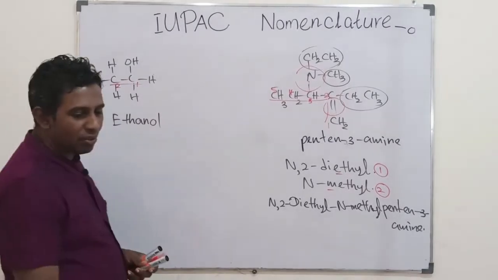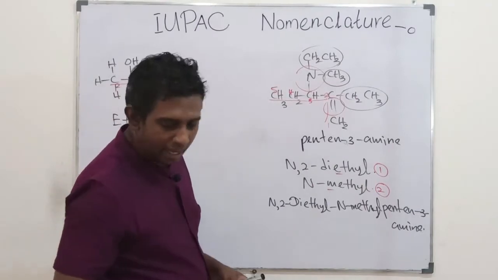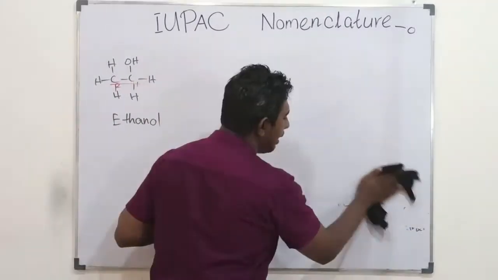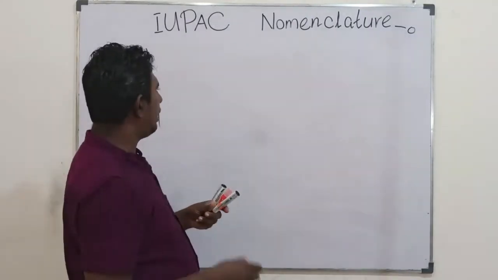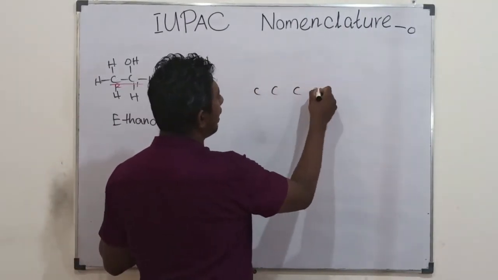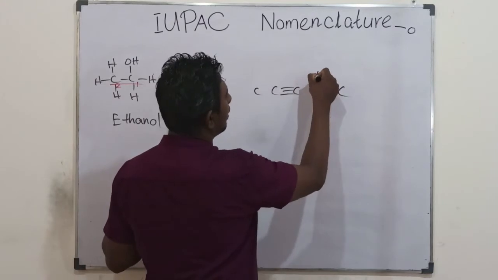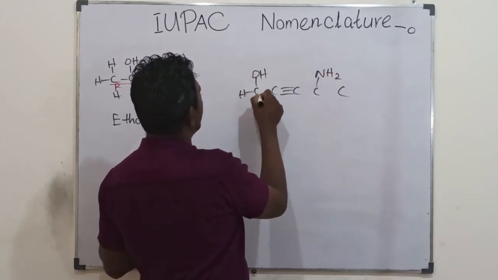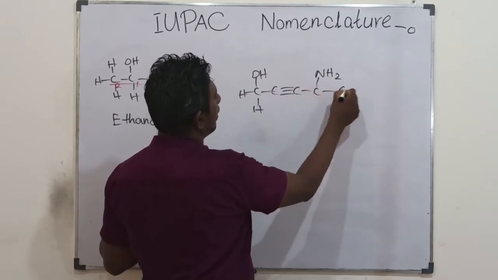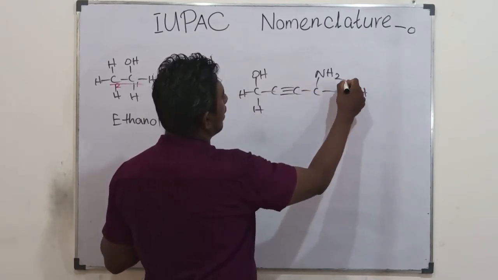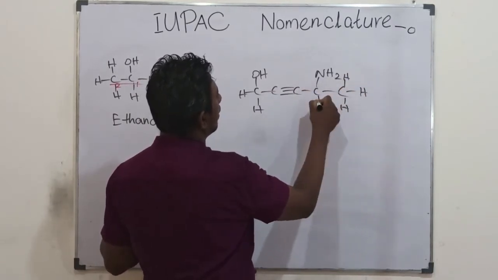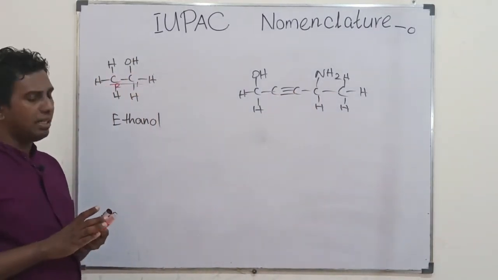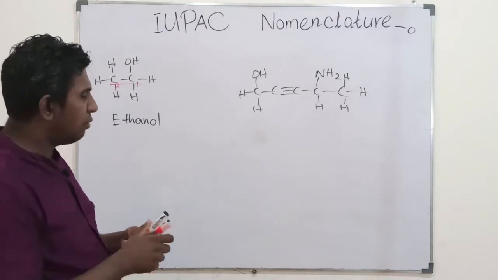Okay. Then students, let's go ahead, we'll give you another example. It's when you have something like this. So what are the existing functional groups within the molecule?